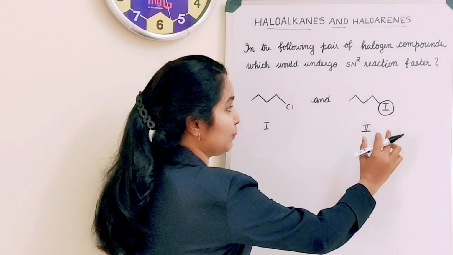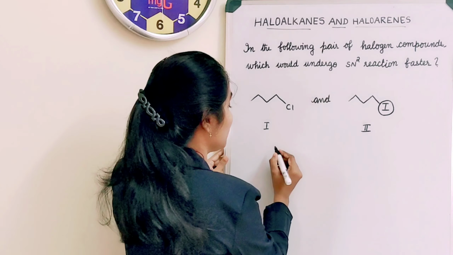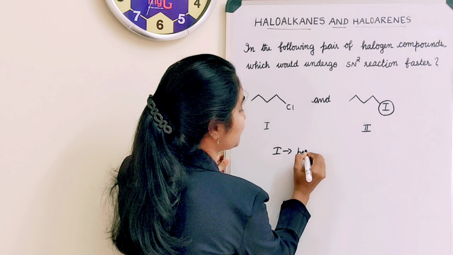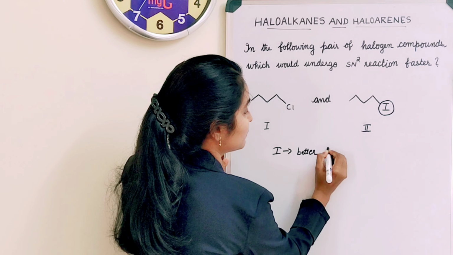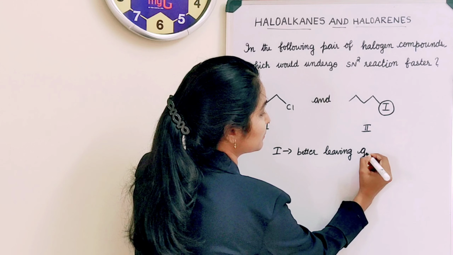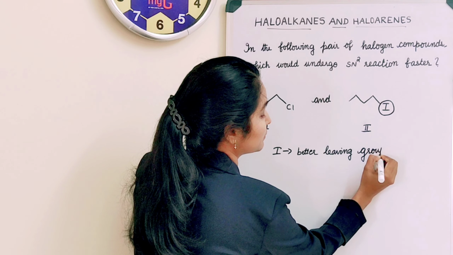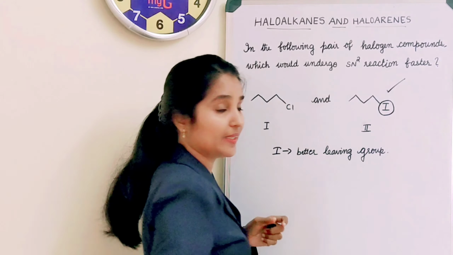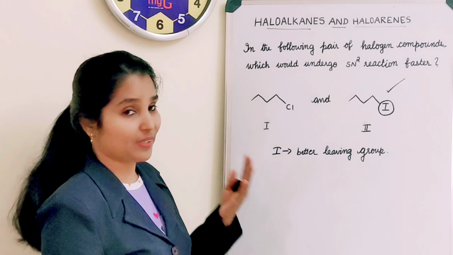So iodine will be the better leaving group. So the second one will undergo SN2 reaction faster.